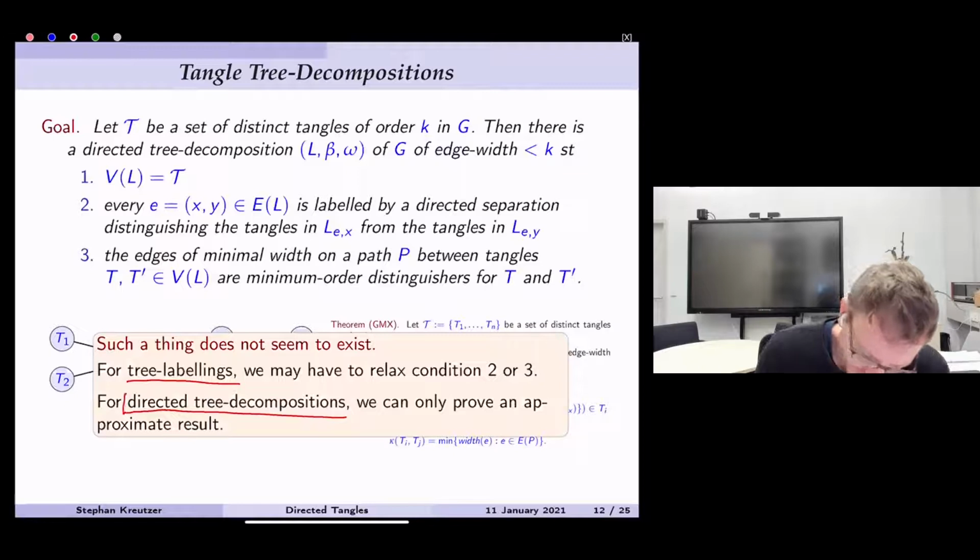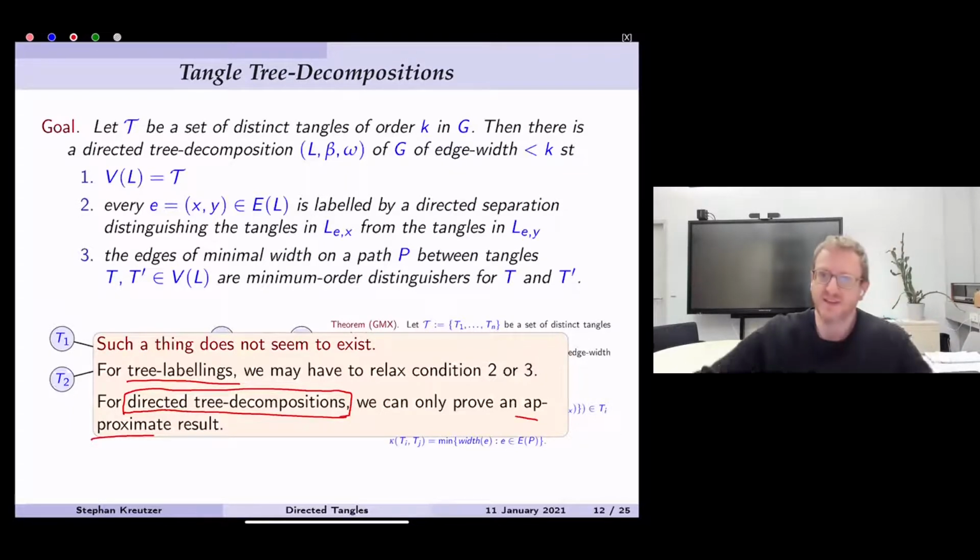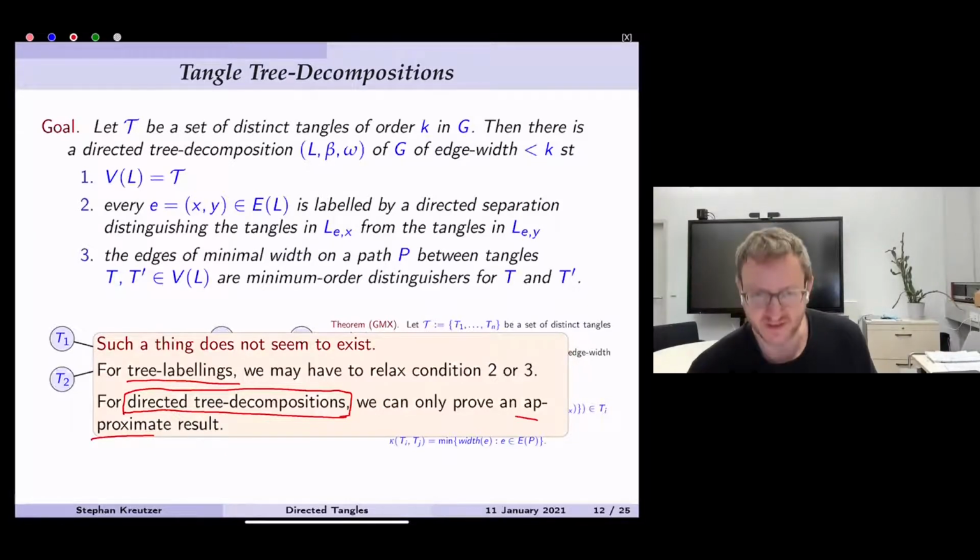But here we can prove even less, because we only managed to prove an approximate version. So we need to blow up the order of the separations a little bit. But this is simply because things are a bit weird in the digraph setting. And what's weird, I'll explain in a few slides.